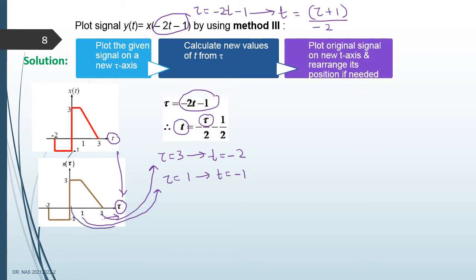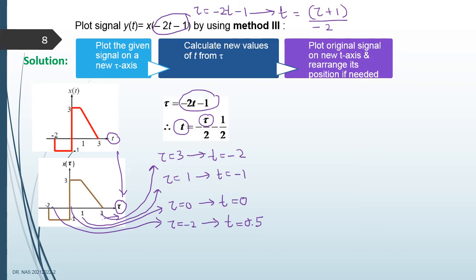When tau equals 0, your new t is still 0. And when tau equals negative 2, your t equals 0.5.